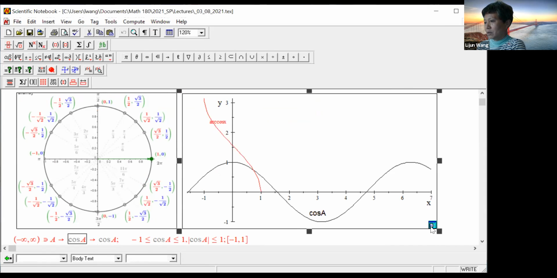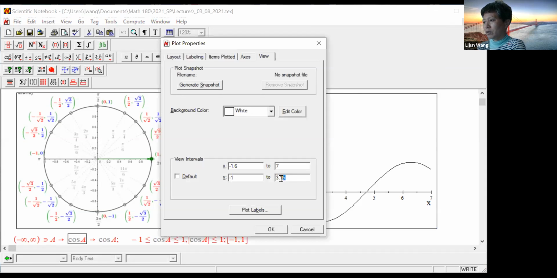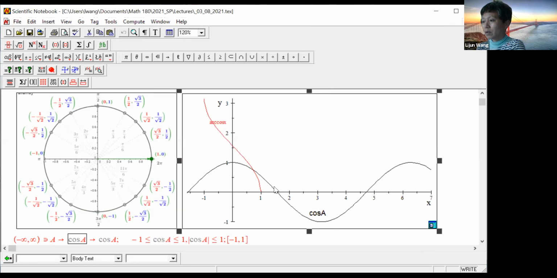Okay, so you see from the red curve, the domain and range is very obvious.